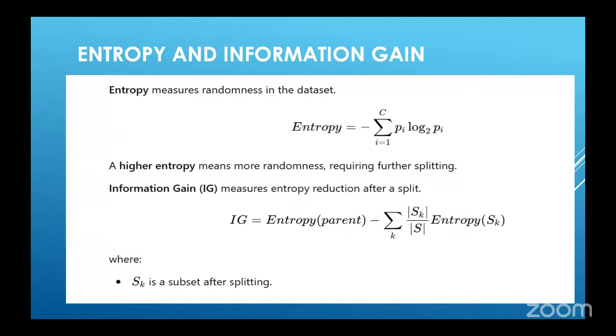Suppose we are taking the entropy of some parent node. If that parent node has some more extensions of the tree, we have to calculate the subset summation of each subset of the tree. Suppose I am taking subtree 2, we have to calculate the entropy of that subtree 2 by the total number of subtrees. For each subtree we have to calculate the entropy value. That's why we say Gini index is more suitable for misclassification.